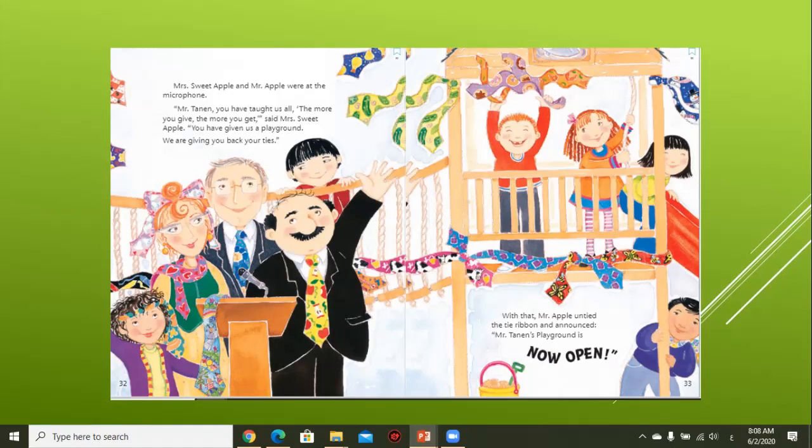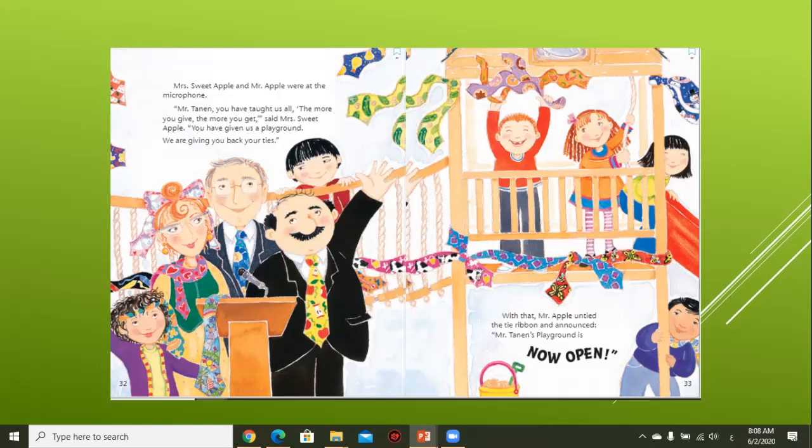So the city people gave Mr. Tannen back all of his precious ties that he likes so much. They made them into a big ribbon and wanted to say thank you to him by giving him back his ties. So this is the aim of doing something good for people.